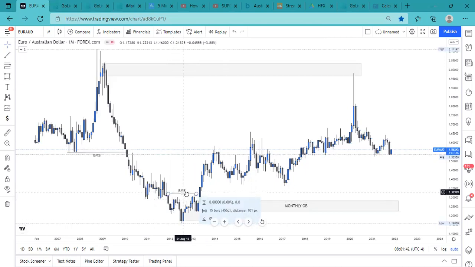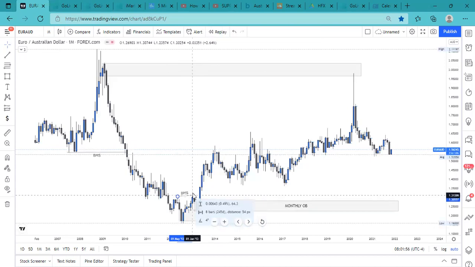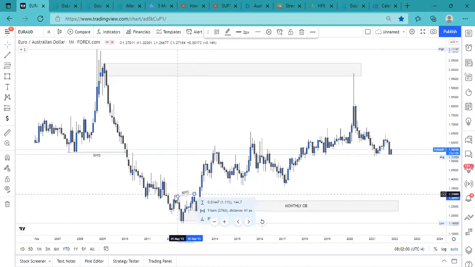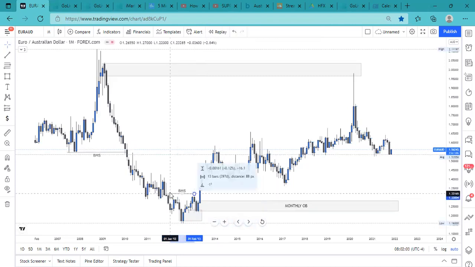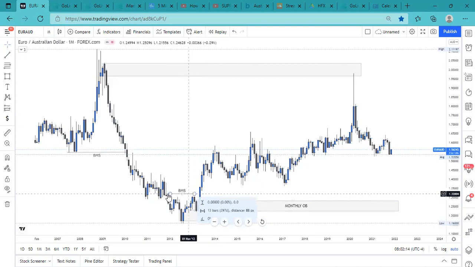Let me bring it down. So that was a break of market structure for me. I don't need price to go all the way up. The fact that a previous lower high was taken out is a break of market structure for me. That's price telling me that the structure has changed.